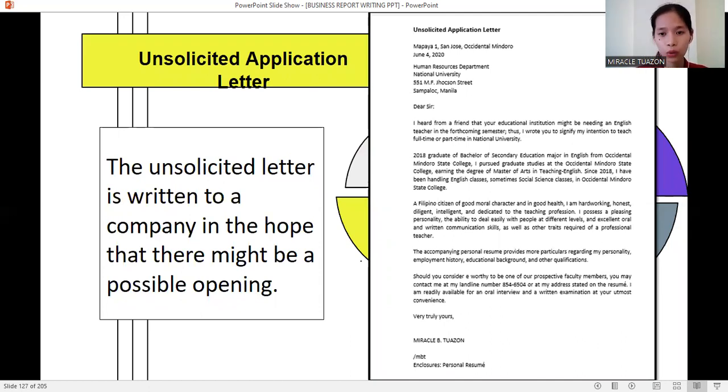The only difference is that with a solicited letter, you are sure you are applying for a position, while with an unsolicited one, there is no assurance; you're just trying to sell yourself to your prospective employer. So, did you understand?